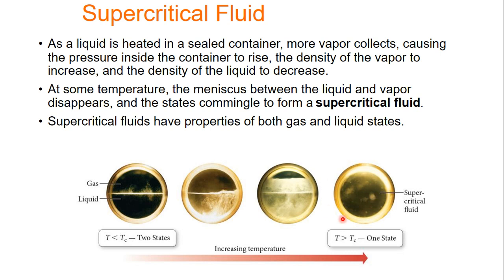You have something that has properties of a gas and a liquid, but is neither a gas nor a liquid. A very, very odd state of matter, but it can exist. And we call those supercritical fluids.